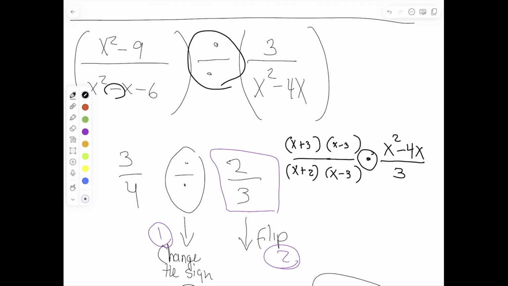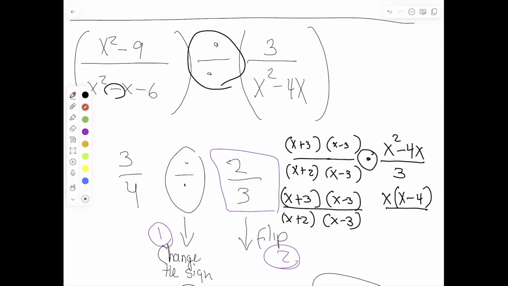Here's division. So now the numerator, I have to do the greatest common factor. I factor it out and I get the following. X parentheses x minus 4, because when I distribute that, I'm going to get x squared minus 4x, right? So x plus 3, x minus 3, x plus 2, x minus 3.